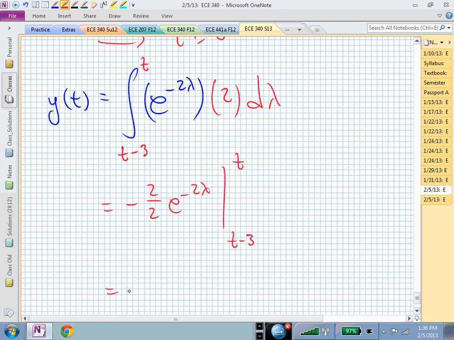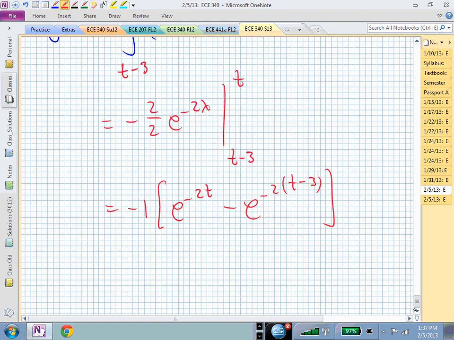Or this is now minus 1 times e to the minus 2t minus e to the minus 2 times t minus 3. And this is true for t greater than or equal to 3.